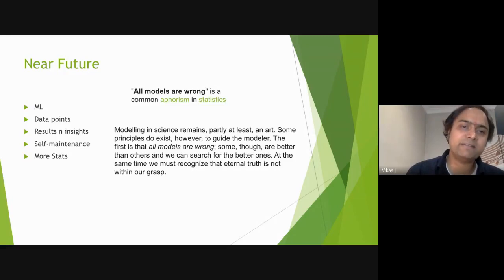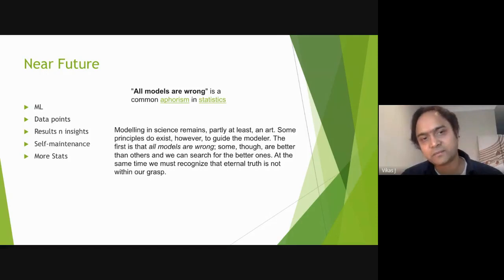Lately I've been looking much at data science, but the quote up there is quite a disappointing one: all models are wrong. This is by popular statisticians. But thankfully I got an addendum to that. Modeling in science remains partly, at least, an art.